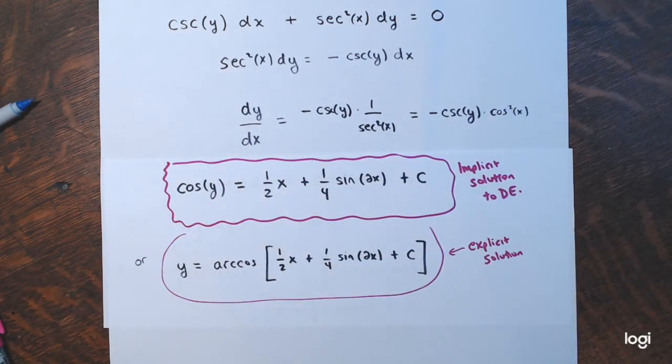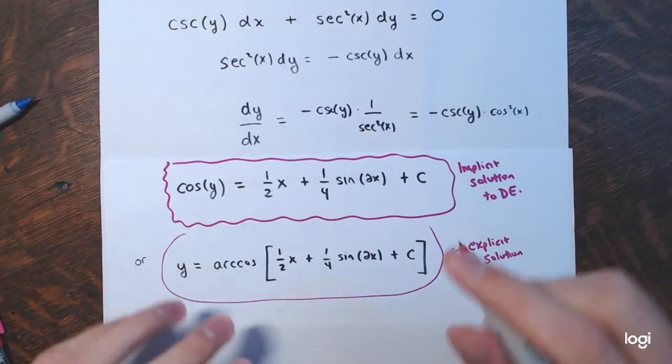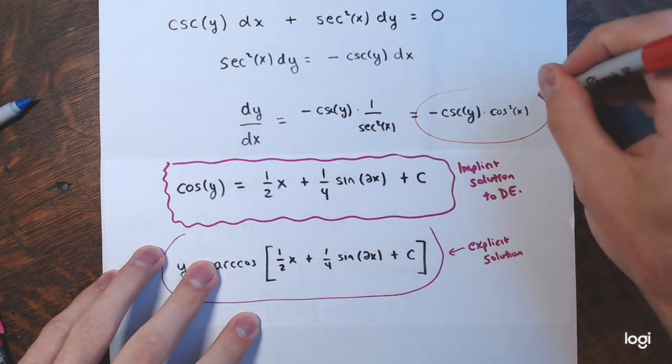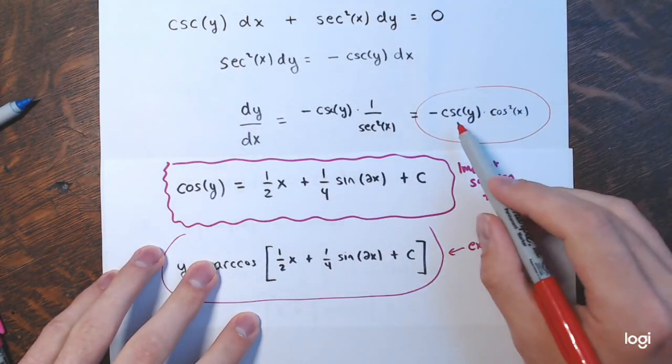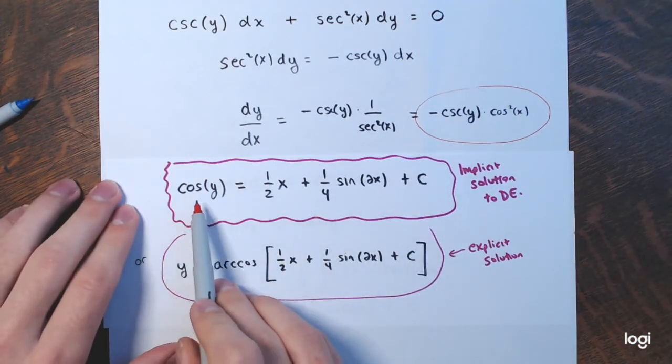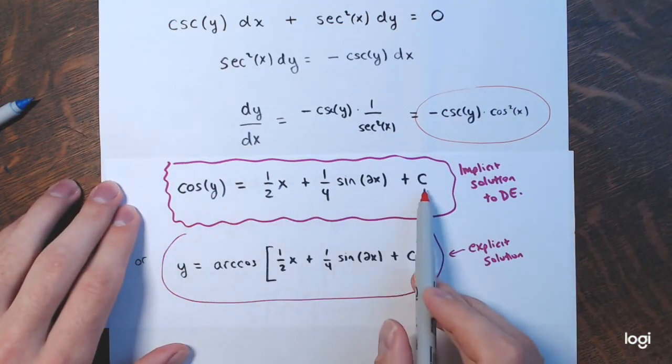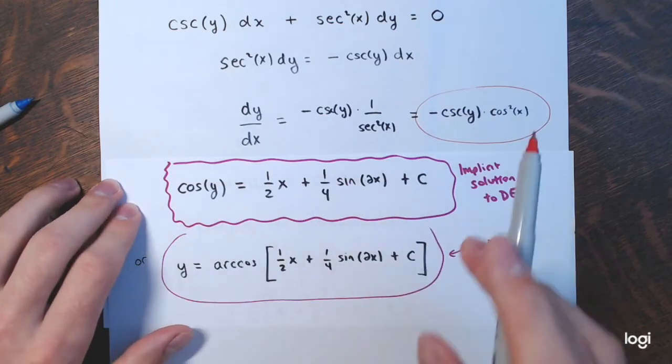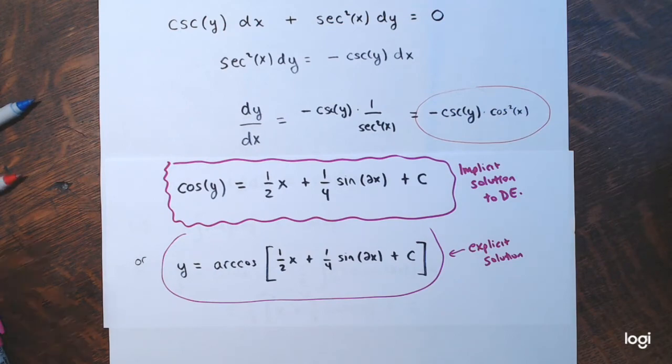So I'm going to go back to that slope field generator, and I'm going to enter this. When I got the dy dx equals negative cosecant y times cosine squared x. And then I'll graph the implicit solution. I'll just use c equals 0 again, and see if the solution follows the slope field pretty well. At least it should.